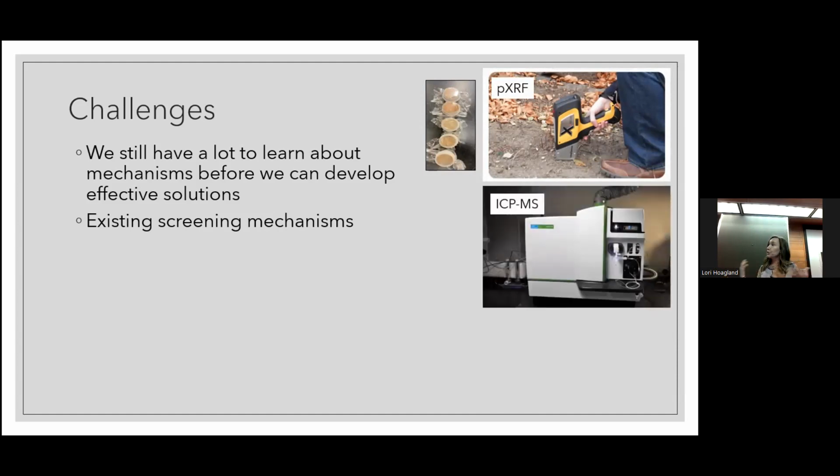You can also turn to digesting in acids using an ICP-MS approach, which can help, especially with contaminants present in very low concentrations. But with both of these techniques, what we're quantifying is total heavy metals in soil, not necessarily the bioavailable fraction, which is what we're trying to stabilize.